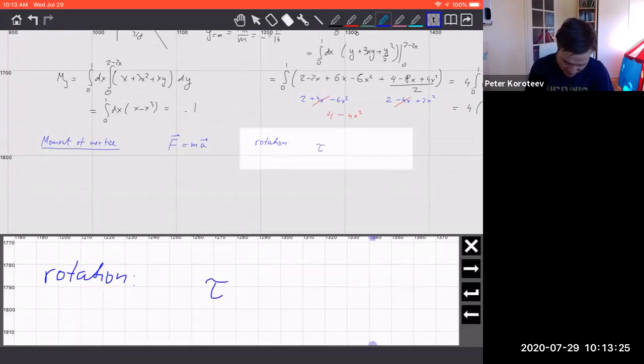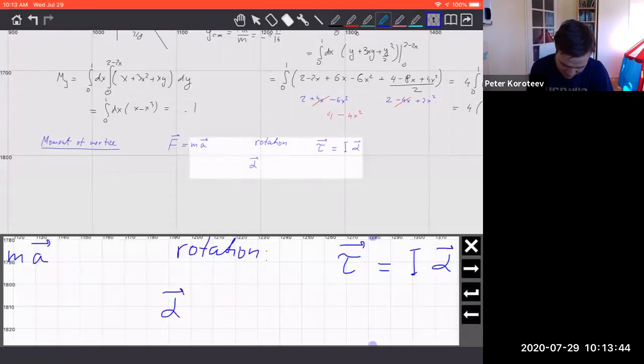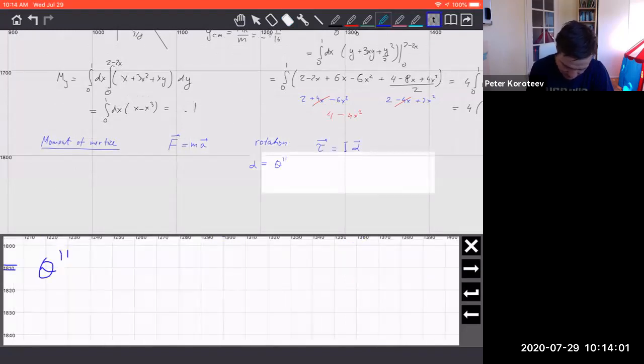Here, tau is the torque. We talked about it when we discussed how to pedal optimally on the bicycle. So tau is equal to I times alpha, and alpha is the angular acceleration, the second time derivative of theta. Let's write it in terms of a scalar function, and its direction is pointed upwards.